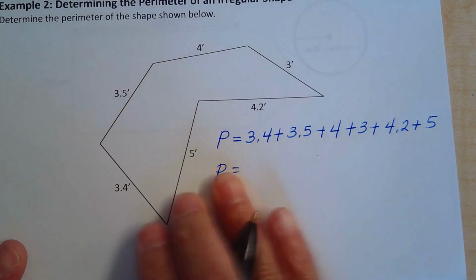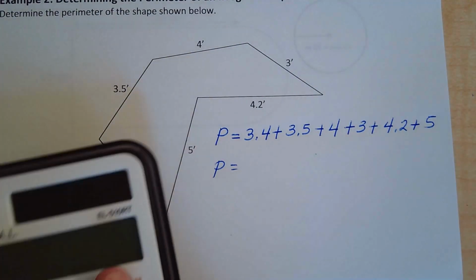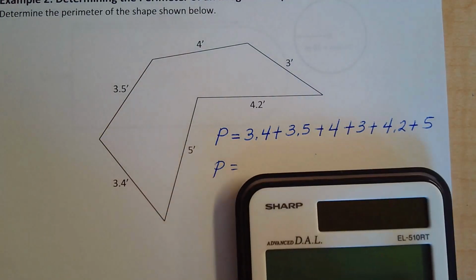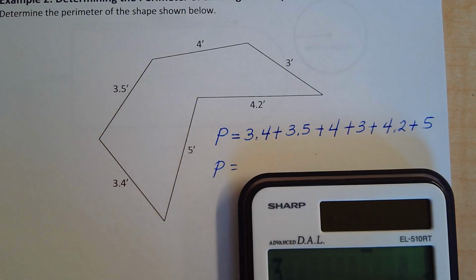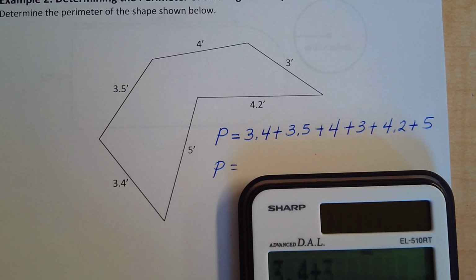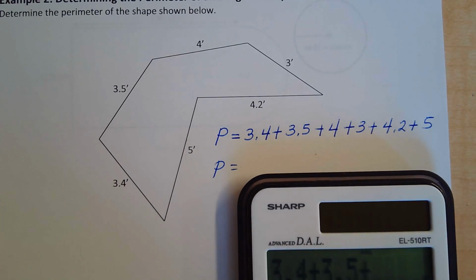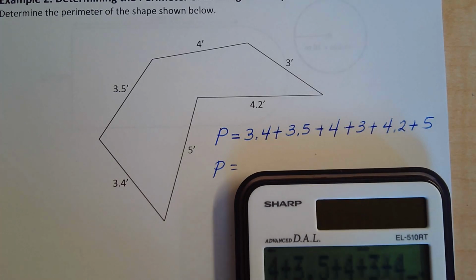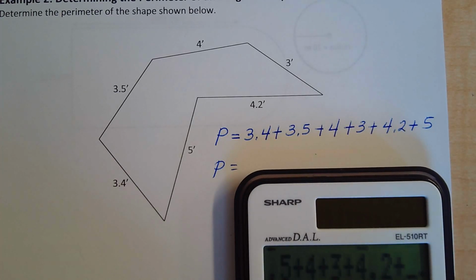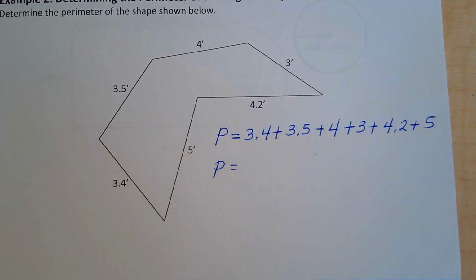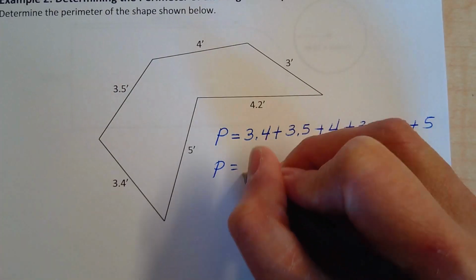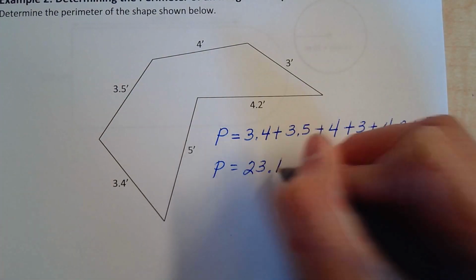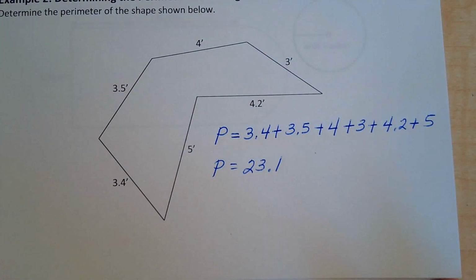So we just add them together. Okay, so let's do that. 3.4 plus 3.5 plus 4 plus 3 plus 4.2 plus 5. It's 23.1. So 23.1 what?